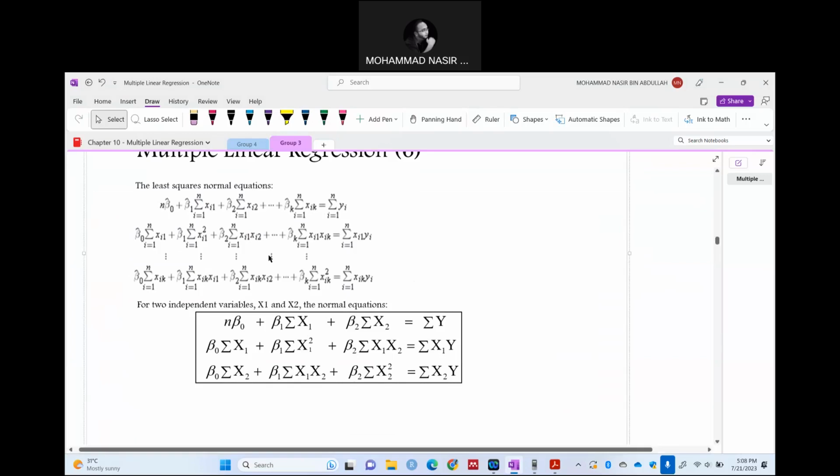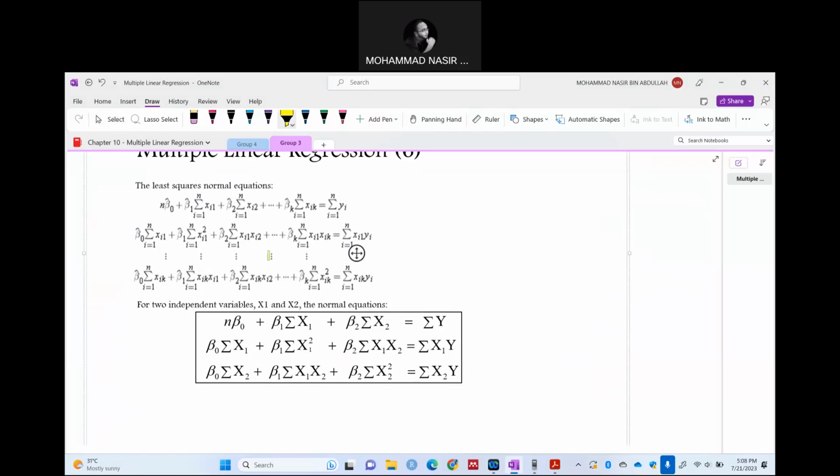We will use simultaneous equations to solve for beta naught, beta 1, and beta 2. The first equation is n multiplied by beta naught plus beta 1 summation of x1 plus beta 2 summation of x2 equals summation of y. This is the first equation, and then the second and third equations.